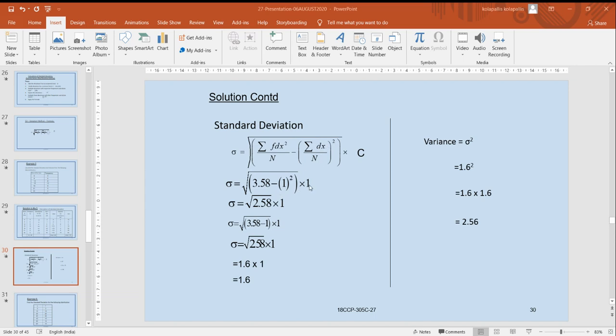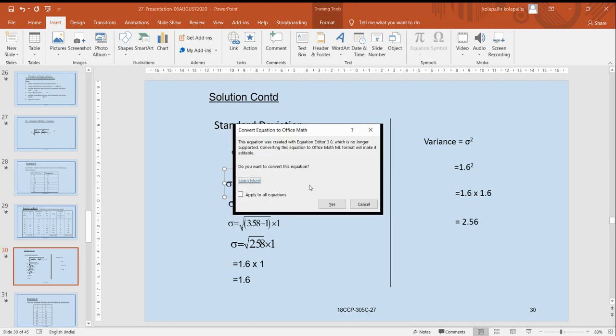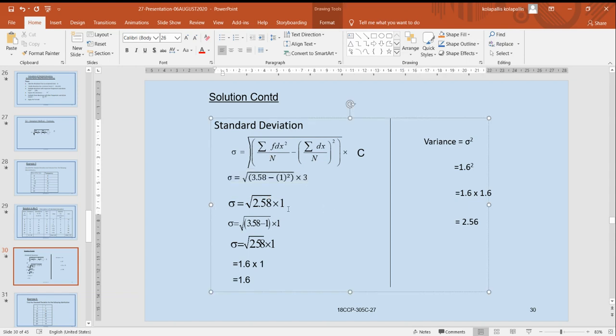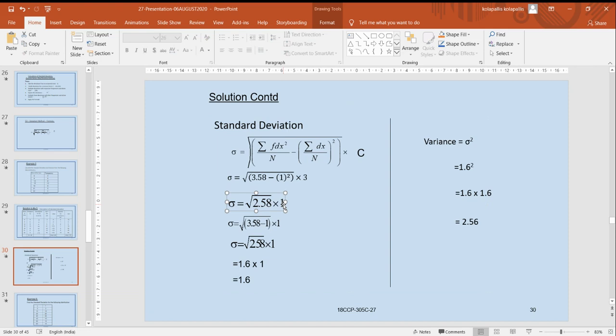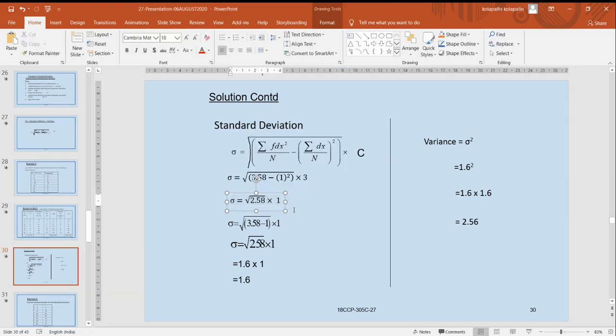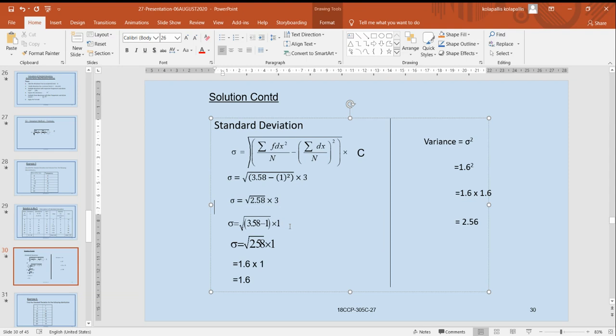1 is correct. This is 3. And this is 3. This is 3 again.